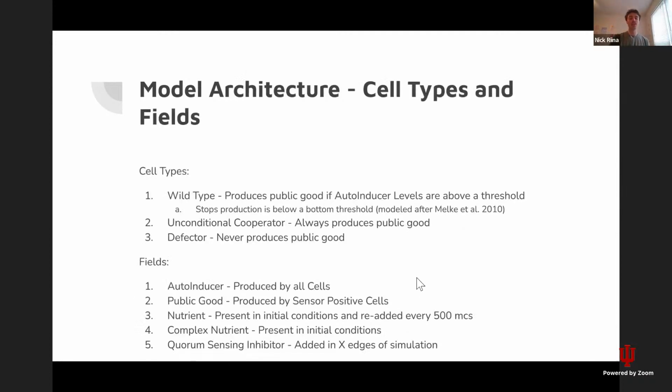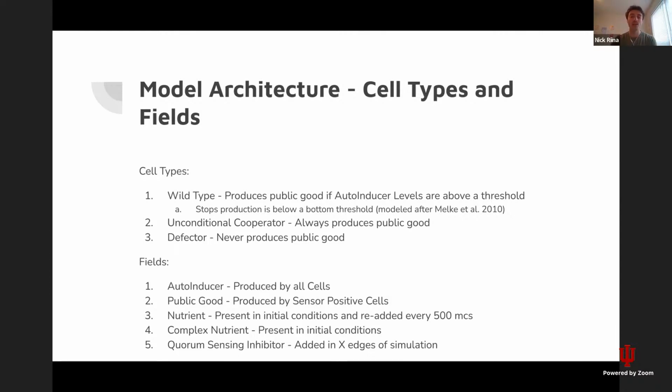Getting to the basics of our architecture, we had three cell types, and these different cell types take the place of the phenotypes in the Cesarean model. They're all the same bacterial cell in what they represent, but the cell types show different kinds of behaviors.